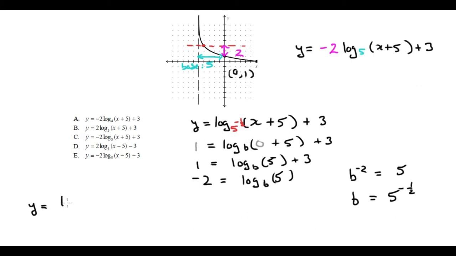So we'll go base 5 log top and bottom. And of course I'm going to keep my x plus 5 input on the top. And then I'm going to go 5 to the negative 1/2 on the bottom. You realize you have an identity down below here. 5 to what power is 5 to the power of negative 1/2?